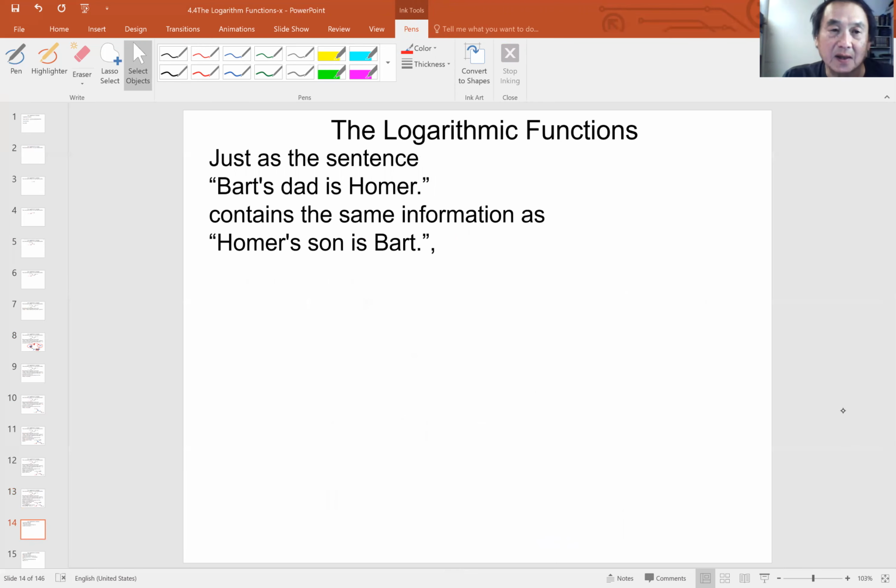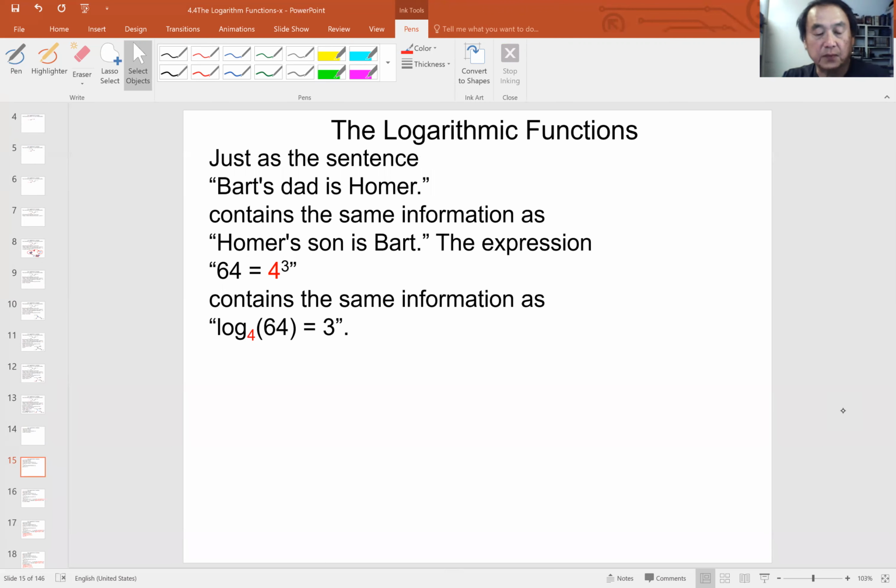The reason we want to say that is because we want to emphasize the different parties in the context, just like Bart studies Homer. It contains exactly the same information as saying Homer's son is Bart.